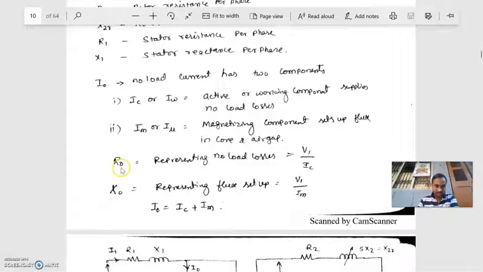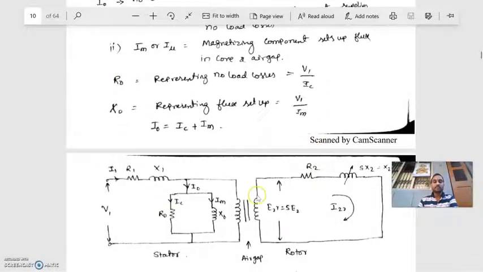R0 represents the no load loss and X0 represents the flux setup reactance. These can be calculated from V1 by IC. We have V1 here, the IC component flows through R0 and the IM component flows through X0. The voltage across R0 divided by the resistance gives IC, and the voltage across X0 divided by X0 gives IM.